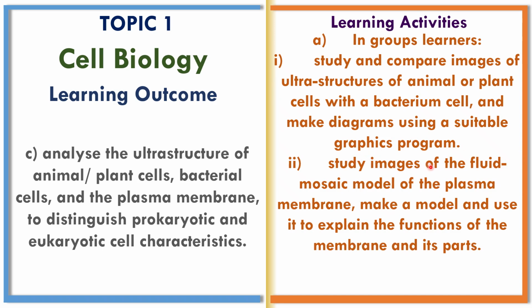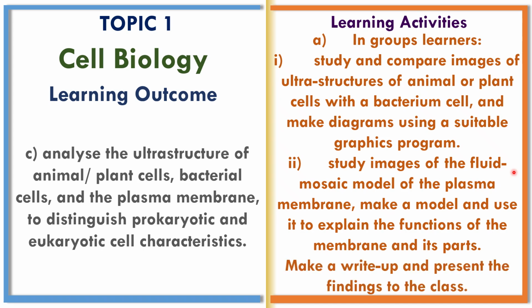Study images of the fluid mosaic model of the plasma membrane. Make a model and use it to explain the functions of the membrane and its part. Make a write-up and present the findings to the class.